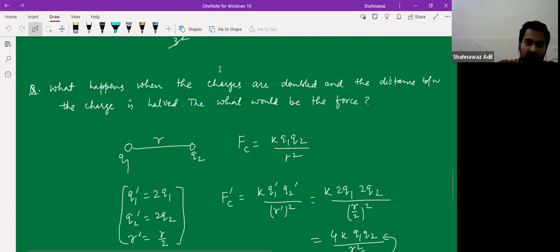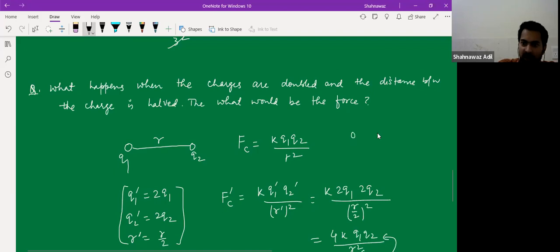Yes. So in this question, the magnitude of the charges doubled, right? Let's say the previous charges were Q1, Q2, but now you double the charges, which are 2Q1 and 2Q2. And the separation between them is half, so we have decreased the separation.